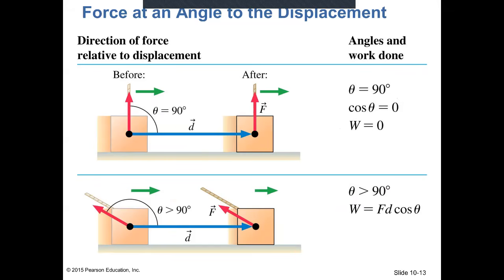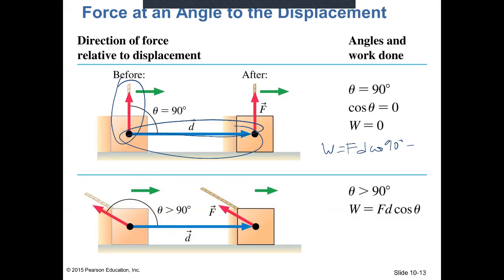All right, and here's one other thing. Let's say the box is moving to the right, and this is the displacement, right? But there's a force acting on it which is at 90 degrees relative to the displacement, which means it's perpendicular to the displacement. Well, remember the equation: work done equals force times distance times cosine of the angle. In this case, force and displacement have an angle relative to one another of 90 degrees.